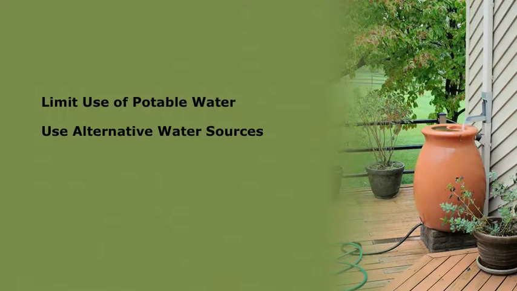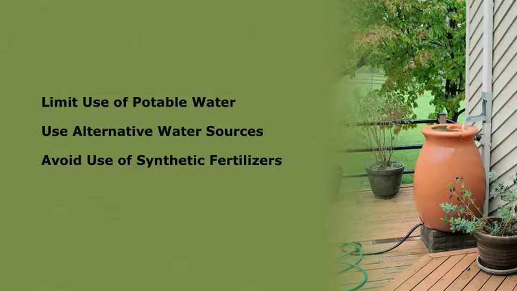Use alternative water sources such as stormwater, rainwater, gray water, or air conditioning condensate for all other purposes. Avoid the use of synthetic fertilizers and pesticides, which often have high embodied energy. Infiltrate and reuse stormwater on-site to reduce the treatment load and energy use of wastewater facilities.